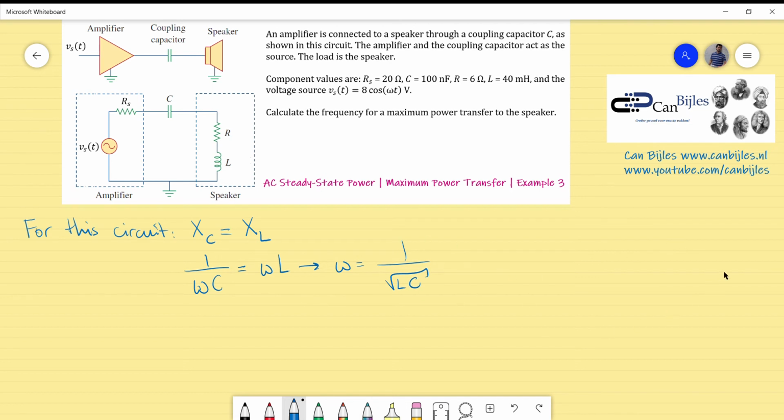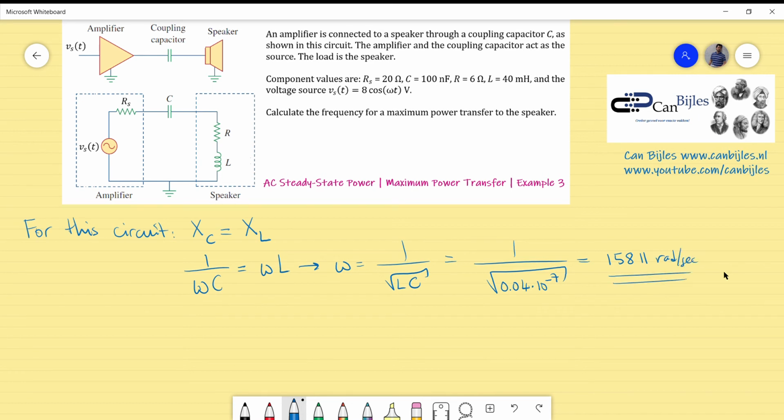So if you fill in the values which are given above, we get the following. L is 40 millihenries, and the capacitor was 100 nanofarads, which is 10 to the power minus 7. If you do the math, you will get 15,811 radians per second.